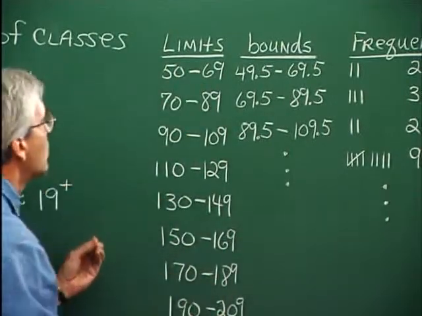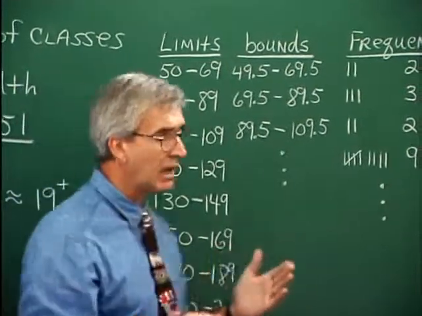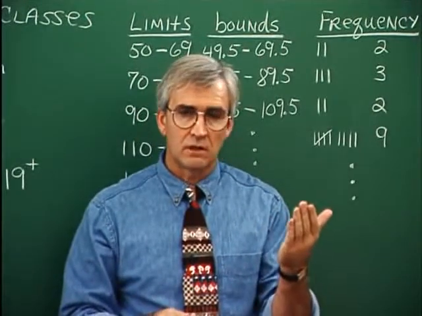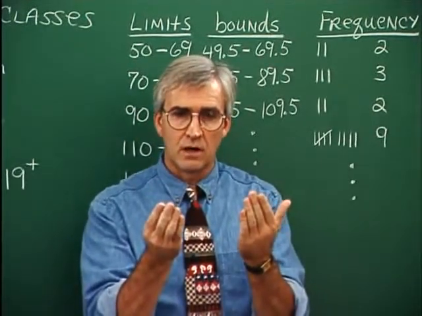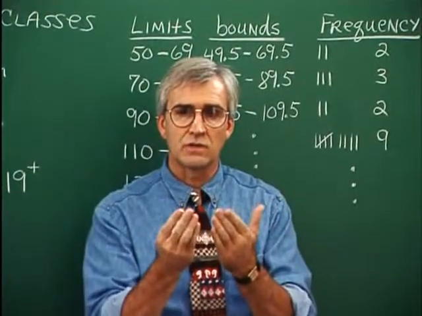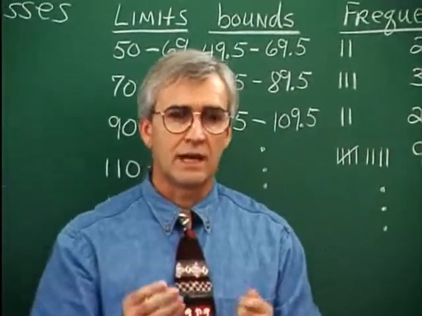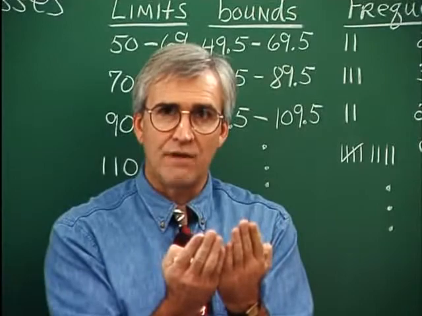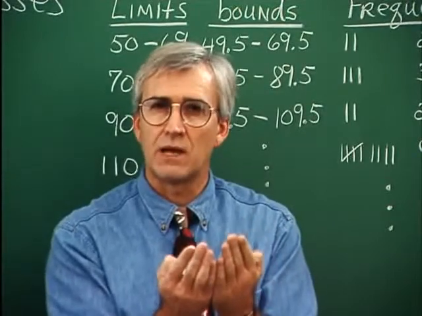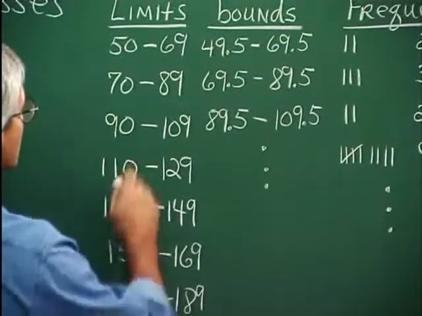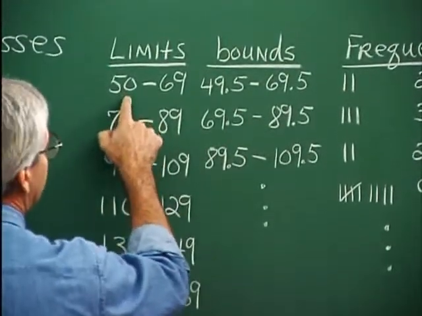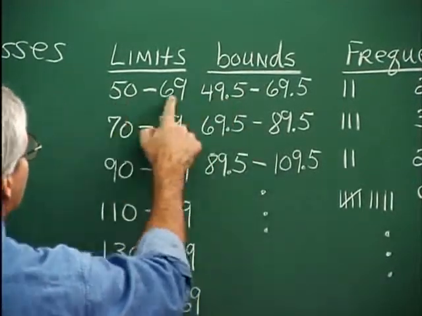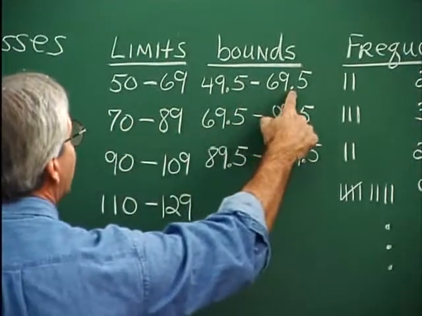Now what about the boundaries? Well, the class boundaries can be calculated. As we calculated earlier, if we take the upper limit in one class and the lower limit in the succeeding class, then we take the average of those two, add them and divide by 2, and we have the boundary. Another way to think about it is like this. Let's just back off 5/10 right here from 50 and make this 49.5. And now between 69 and 70 is 69.5.